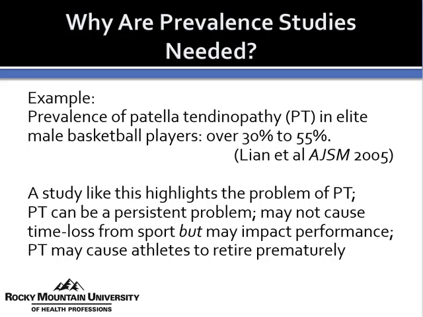It highlights there is a problem of patellar tendinopathy. It highlights in that study that it can be a persistent problem, and it may not cause time loss from sport, because as they were talking in the article, people continued to compete, but it may impact performance, and jumper's knee may cause some athletes to retire prematurely.